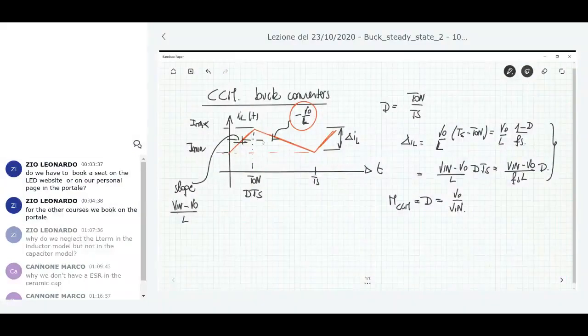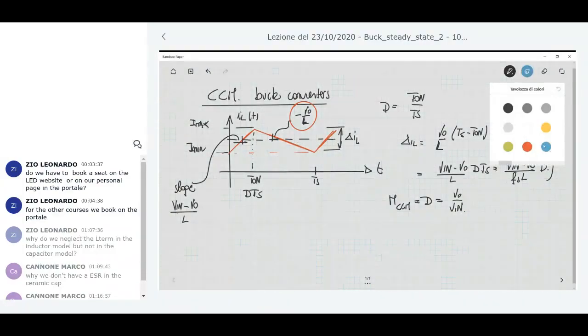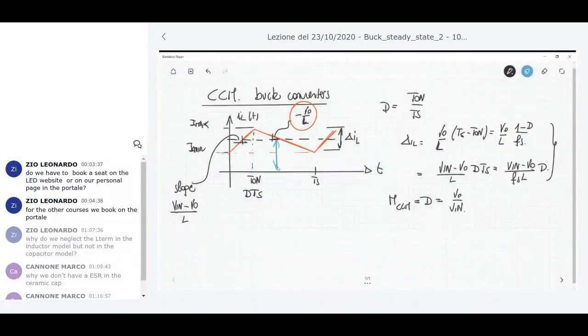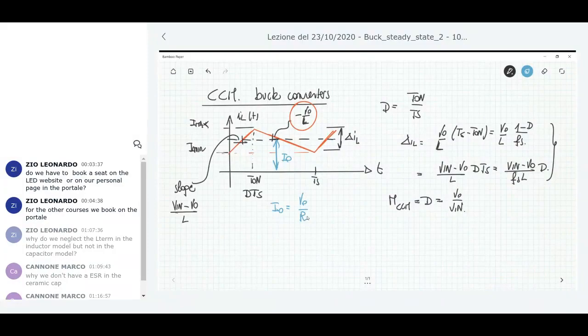Remember that we have also derived the average value of this current. The average value of this current is exactly the output current Io. Io is equal to Vo over R, in which R is the equivalent output load connected to the output port of the buck converter. This is the average current flowing through the inductor. And this is due to the fact that we have no DC current flowing through the Co capacitor.